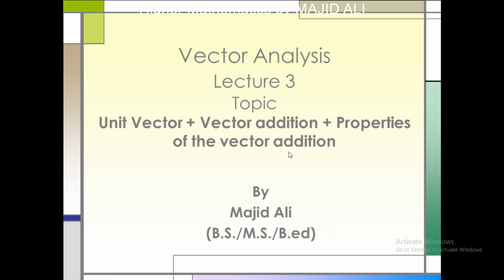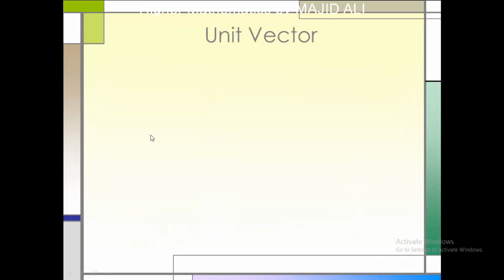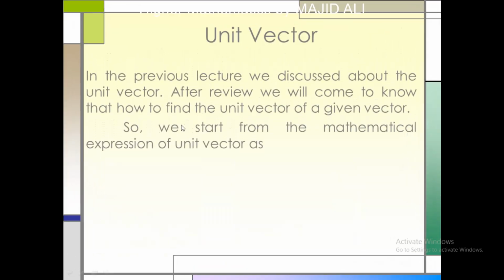Let's start our video on solving examples of how to find a unit vector of a given vector. First we look at some concepts about the unit vector. In the previous video we defined the unit vector as a vector whose magnitude is 1.